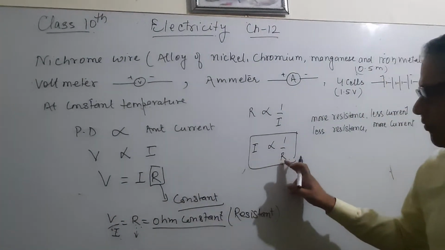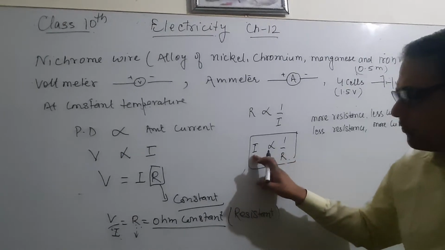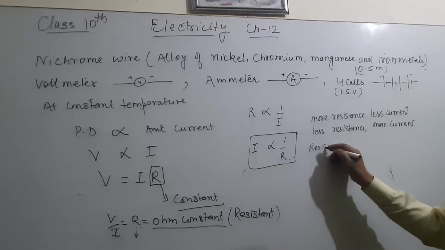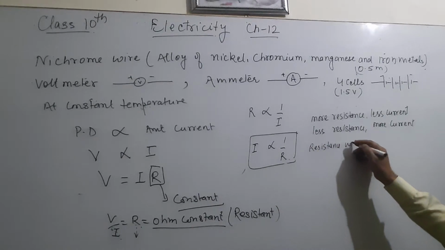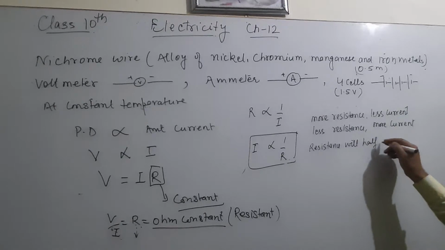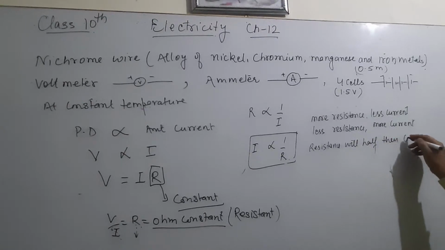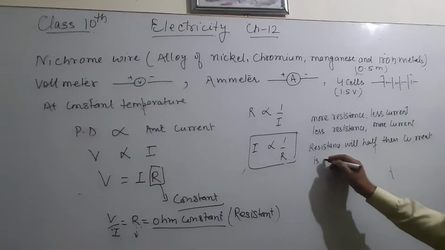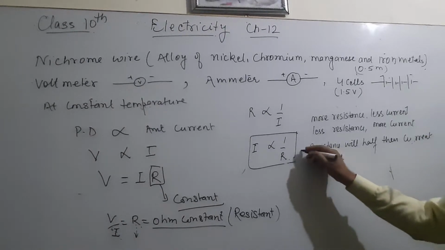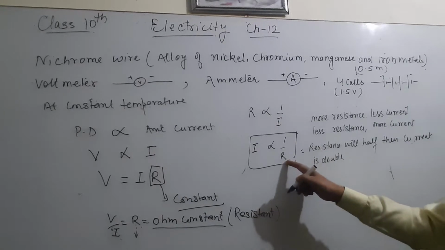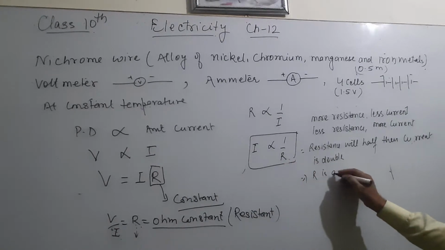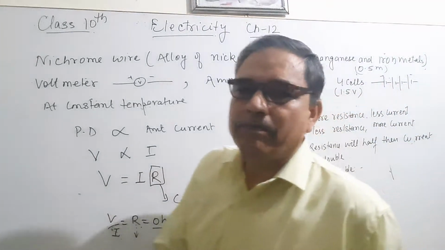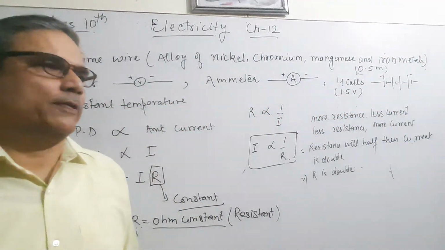If the resistance is halved, then the current is doubled. Why? Because they are inversely proportional.